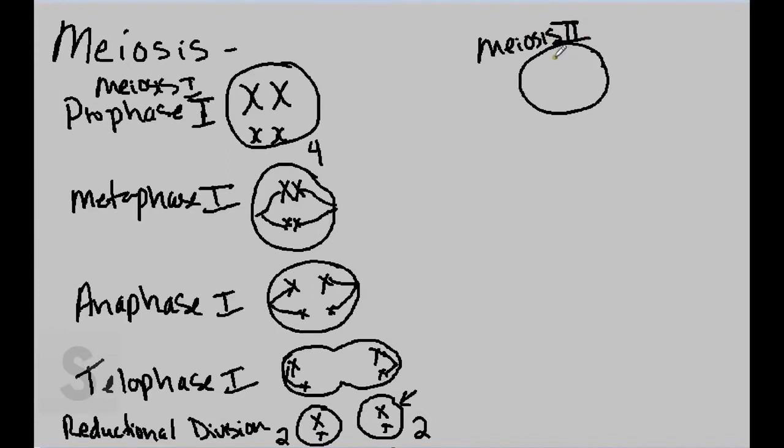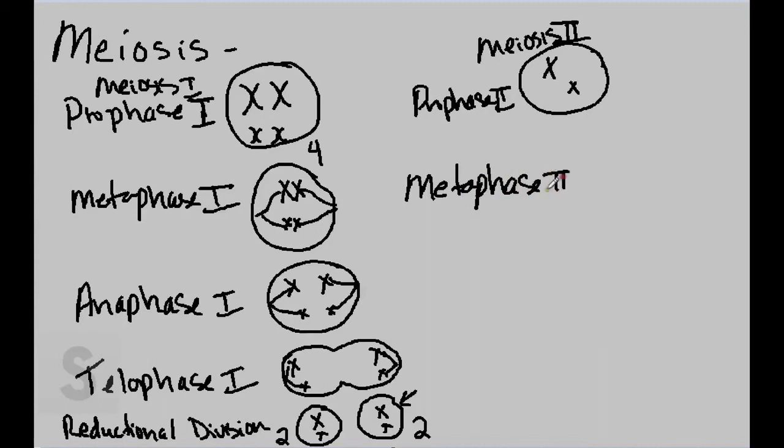In meiosis 2, again, we have prophase 2, where our chromosomes are coiled up. We then have metaphase 2, where the chromosomes are lined up on the equator and they get ready to divide.